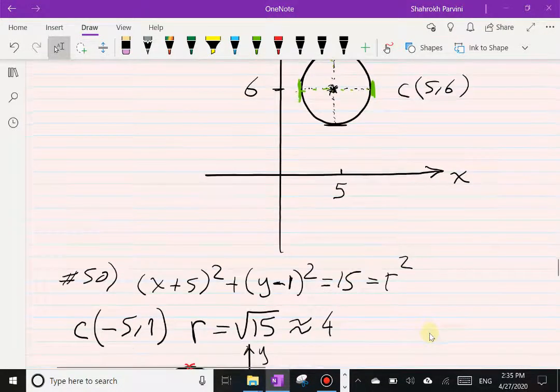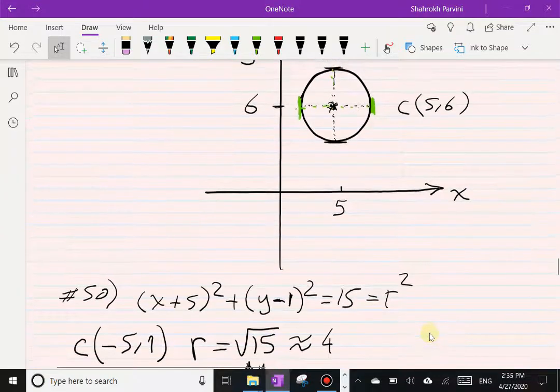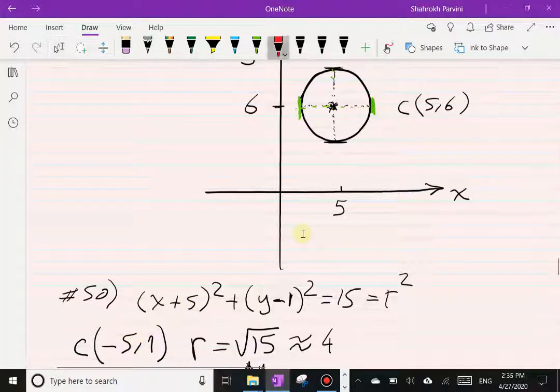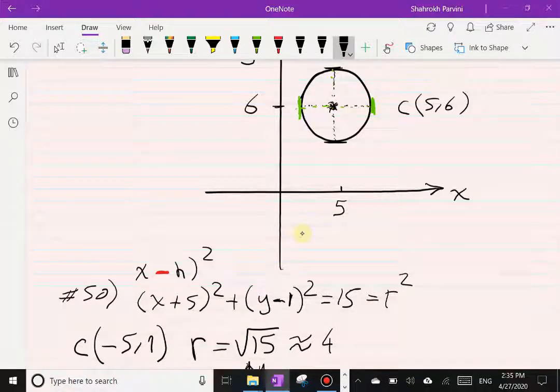So for this one, we want to find the center and the radius because it is in the hk form. So h here is going to be -5 and k is going to be -1. Remember, h is not 5 here, it's -5. We've been through that before. It's -5 because the form is x minus h, squared.